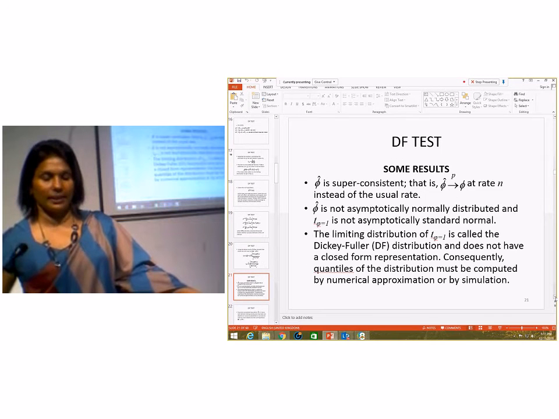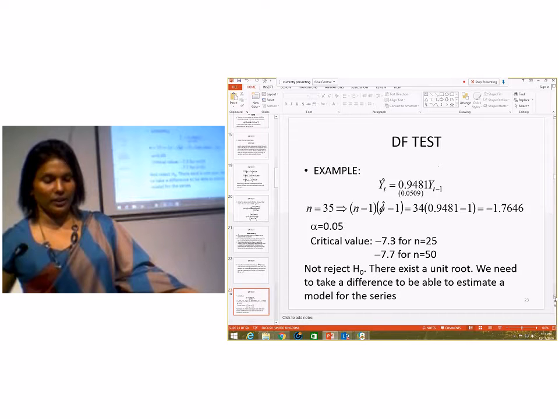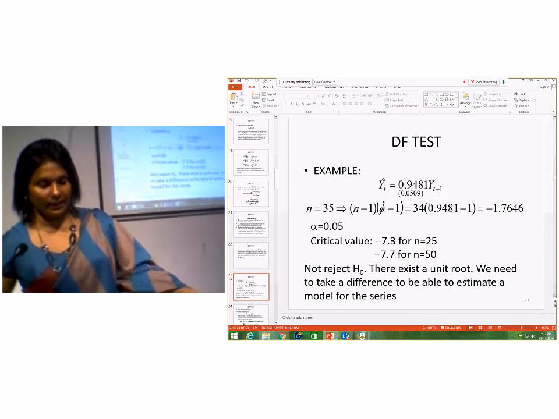Right? This is the theoretical explanation of the Dickey-Fuller test.